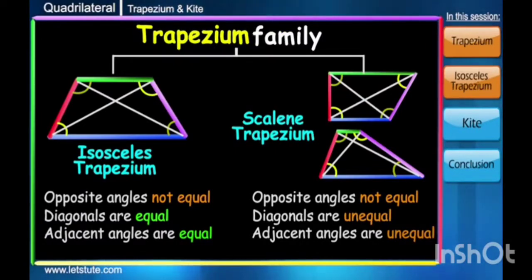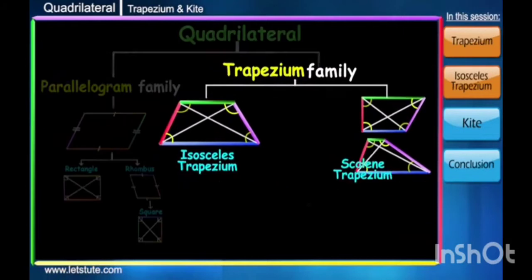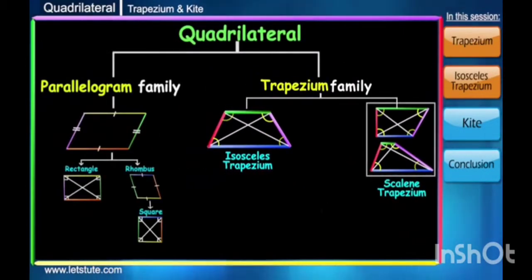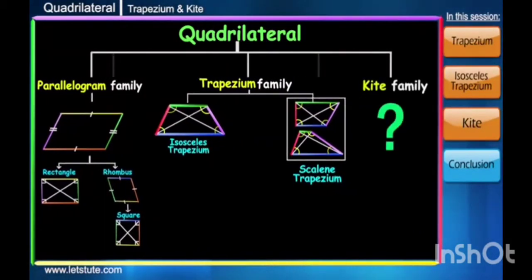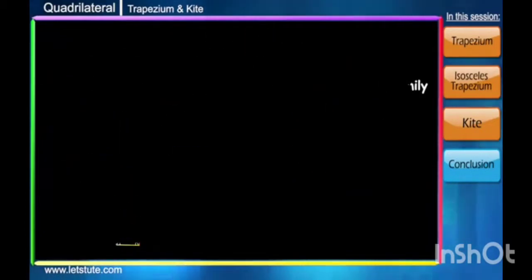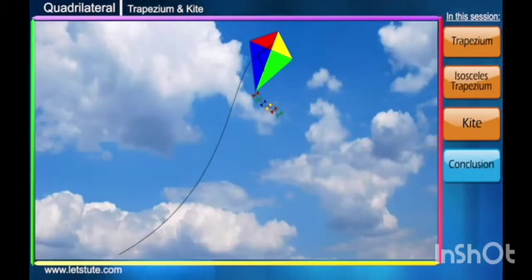Till now, we have learned about two families of quadrilaterals. If anyone asks you to recognize a shape belonging to these families, I hope you will be able to. Now, there is only one family left, the kite family. We've all seen a kite flying in the sky.